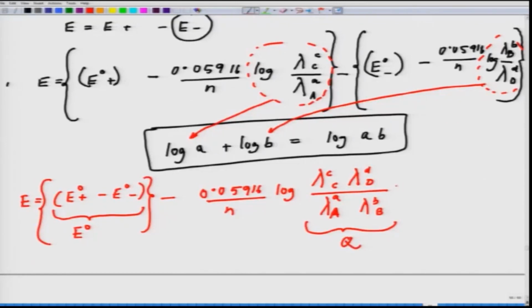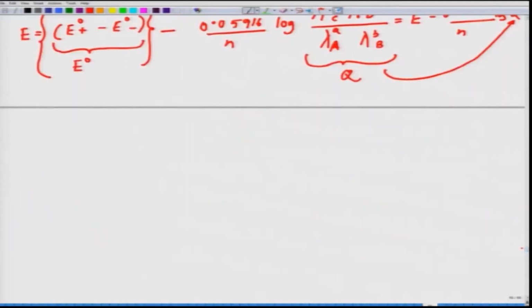So, now if you write this term, this becomes your E0, which is the standard potential, minus 0.05916 divided by n log Q.